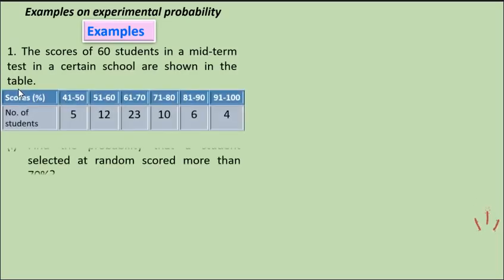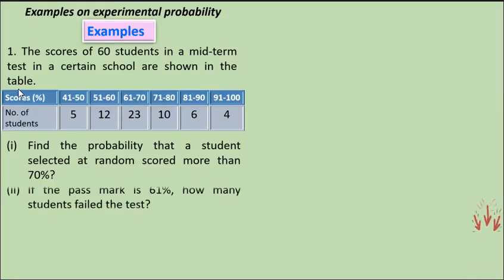The scores of 60 students in a midterm test in a certain school are shown in the table. 41 to 50, number of students 5. 51 to 60, the number of students 12, and down to 91 to 100. Question number 1. Find the probability that a student selected at random scored more than 70%.